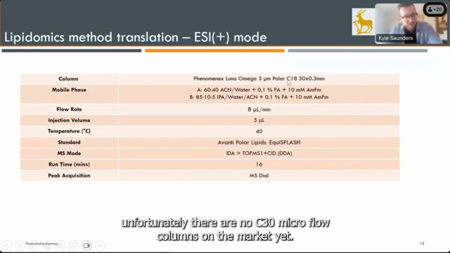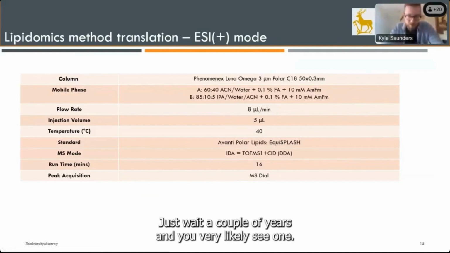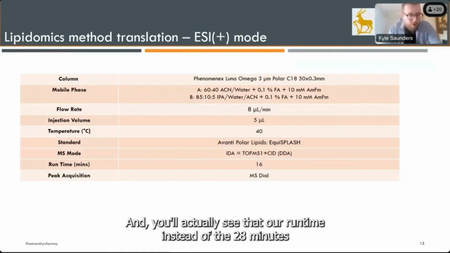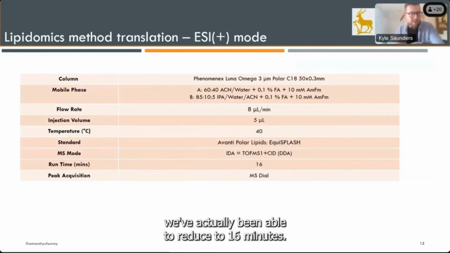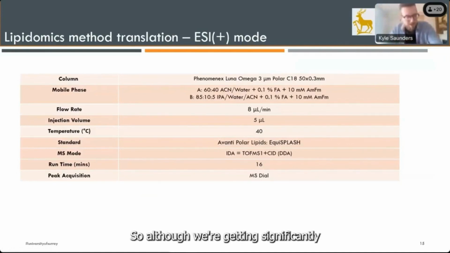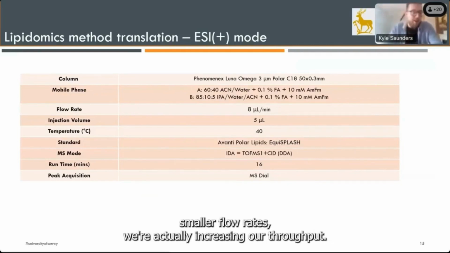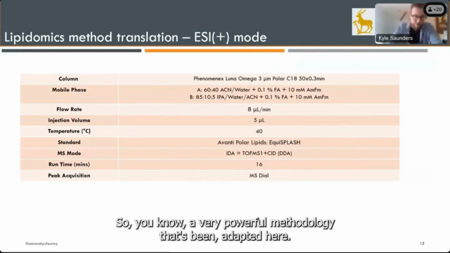Unfortunately, there are no C30 microflow columns on the market yet, but just wait a couple of years and you'll very likely see one. And you'll actually see that our runtime, instead of the 28 minutes that we were using at analytical flow, we've actually been able to reduce to 16 minutes. So although we're getting significantly smaller flow rates, we're actually increasing our throughput. So, a very powerful methodology that's been adapted here.